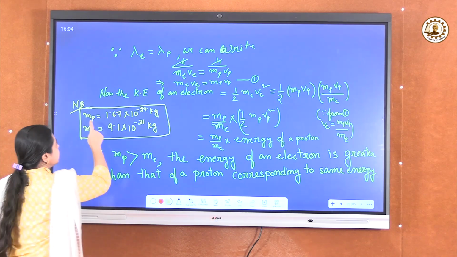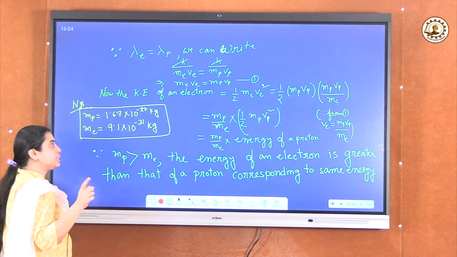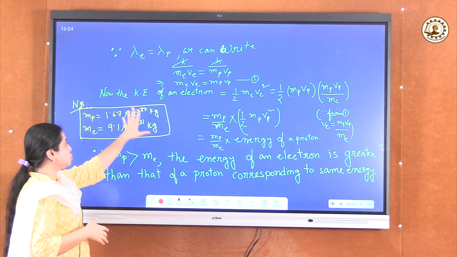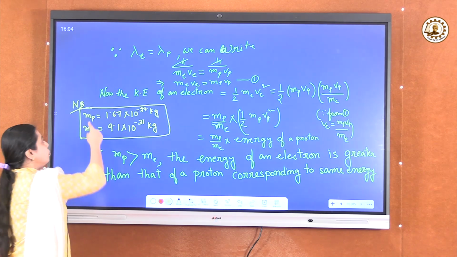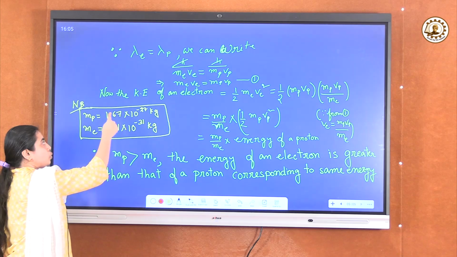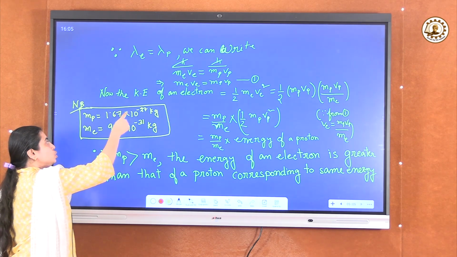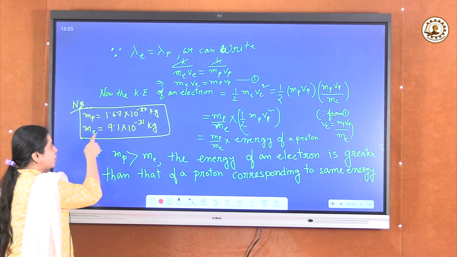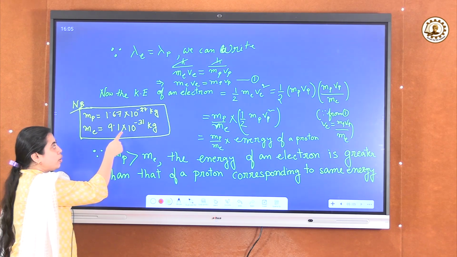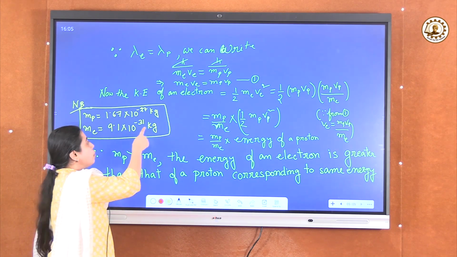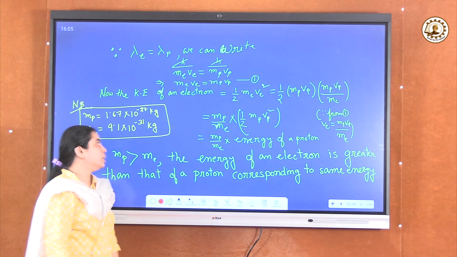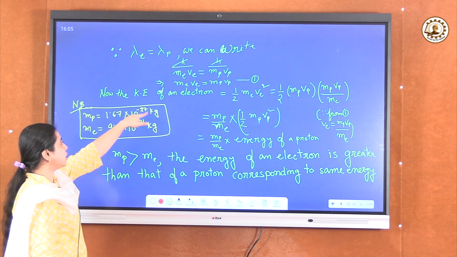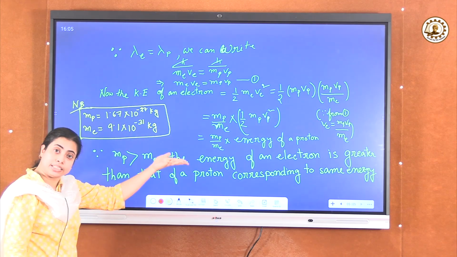Now this is a note for you, you do not need to write it in the exam, but remember that the mass of proton is 1.67 into 10 to the power minus 27 kg and the mass of electron is 9.1 into 10 to the power minus 31 kg. Here you can see the power is more negative for the electron, so it is the lesser mass.